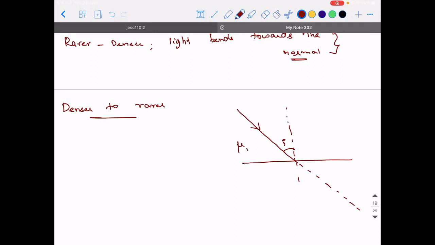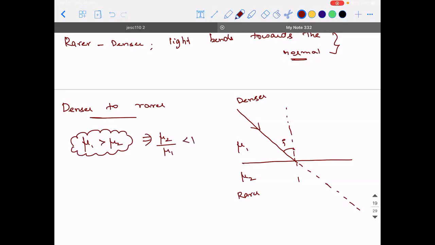If this is mu1 and this is mu2, now tell me which medium is denser and which medium is rarer. So mu1 is denser and mu2 is rarer. So I can blindly say mu1 is greater than mu2, which implies mu2 by mu1 is how much? A smaller number divided by a bigger number. Is it going to be less than 1 or greater than 1? Less than 1.